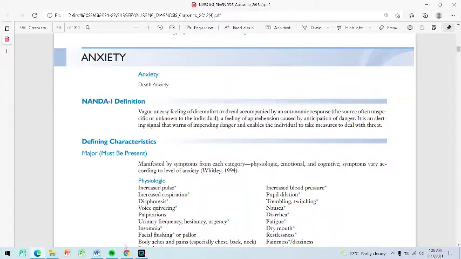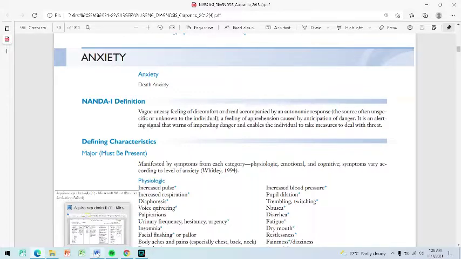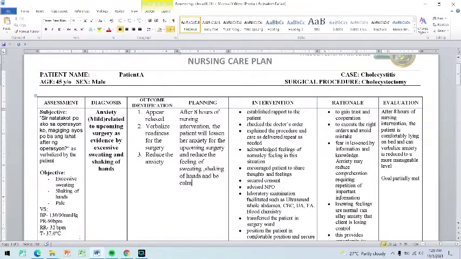Based on the subjective data given by the patient, it connotes the definition of anxiety, because in the subjective data, natatakot, there is fear of the unknown. That's why the students provide a good diagnosis, which is anxiety, mild. They put a mild description regarding the anxiety, and this is related to the upcoming surgery as evidenced by excessive sweating and shaking of hands.